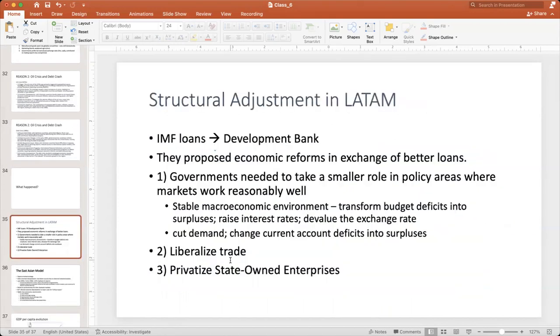And that was what happened. So LATAM had to negotiate a structural adjustment with the IMF, the International Monetary Fund.